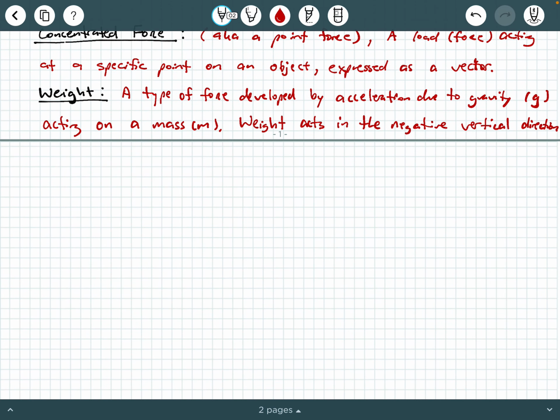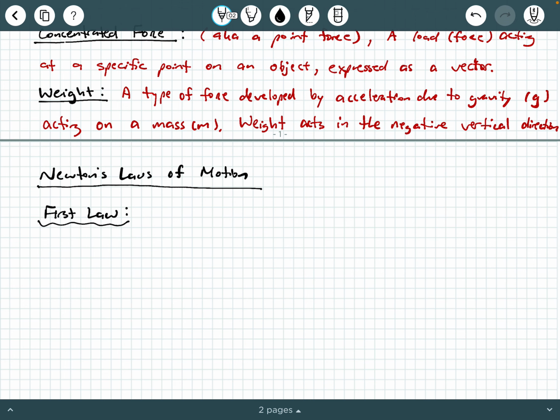In terms of our introduction, we need to remember something else from our physics prerequisite, and that's Newton's laws of motion. This is really important to us as we start our journey through statics. What was Newton's first law? Let's write this down. First law, and I'm about to tell you, so if you want to try to remember it yourself, you might want to pause the video.